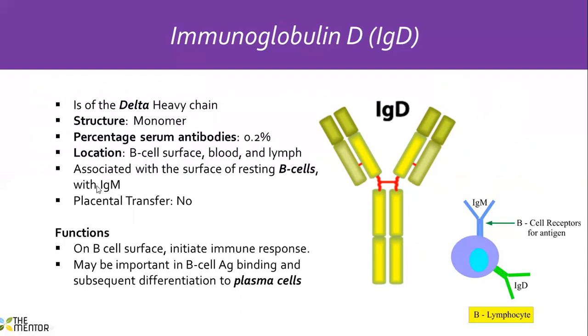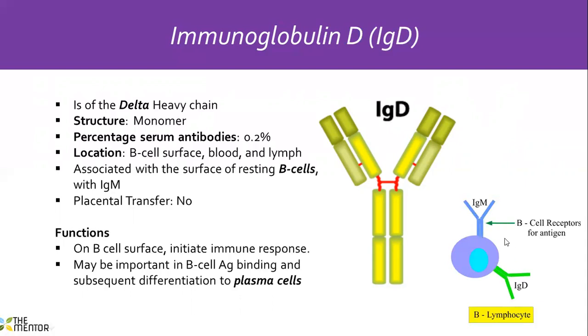The only immunoglobulins that you'll find resting on the cell surface of a B cell which is resting and not activated are either IgM or IgD. I think I have a picture here. You can see this is a B lymphocyte that has not been activated, and then you have IgM and IgD.